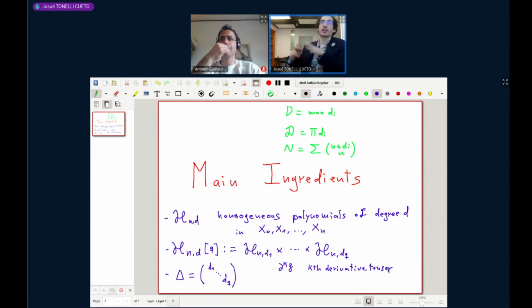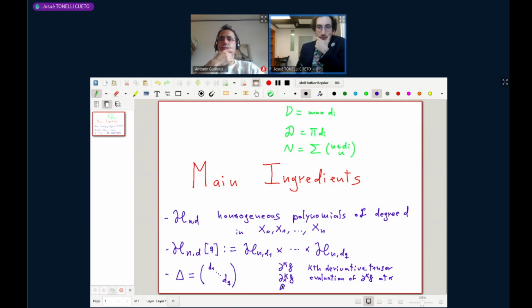This is essentially a tensor of polynomials. Then I will use the notation D^k f(x) for evaluation at x.